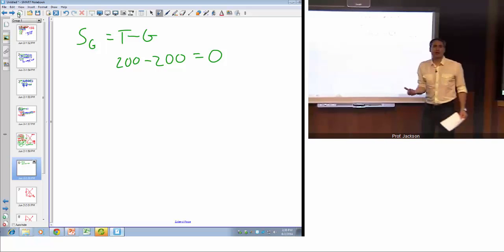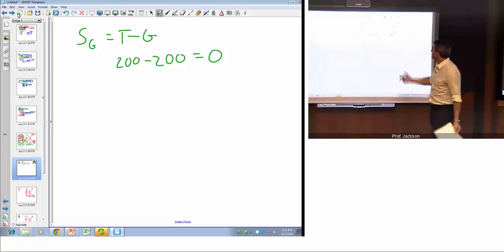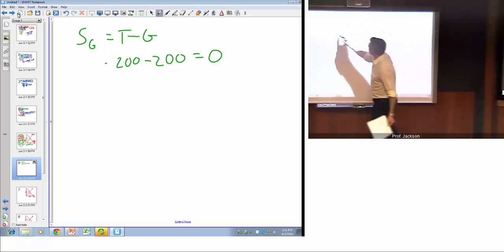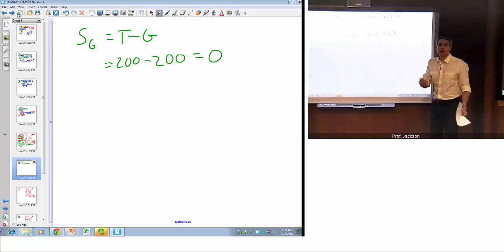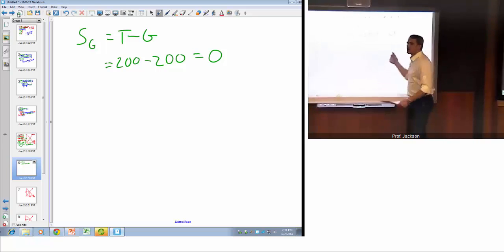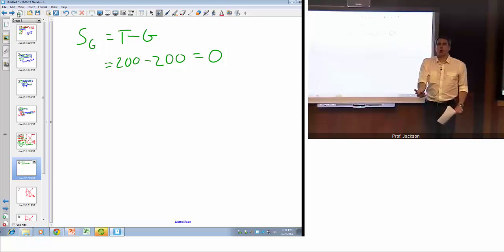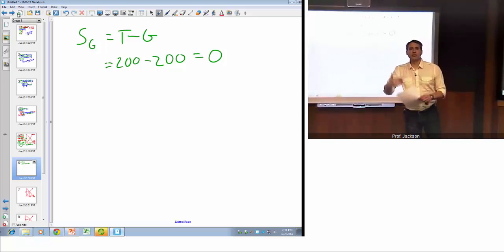So that means we have neither a budget deficit or a budget surplus. In this case, public saving, or government saving rather, is equal to 0. That implies a balanced budget. Okay? So it's important to remember that that represents neither a net draw or a net surplus into national savings.